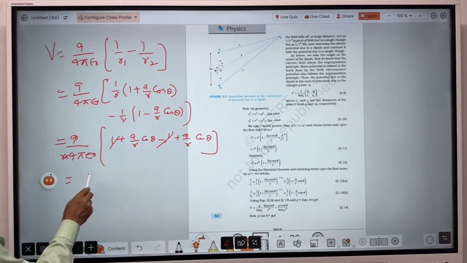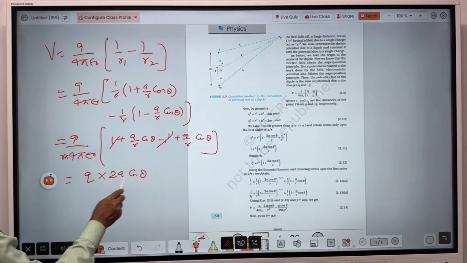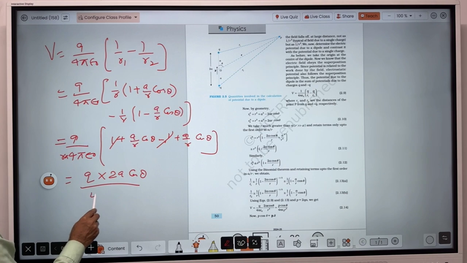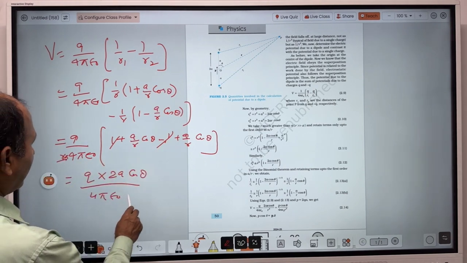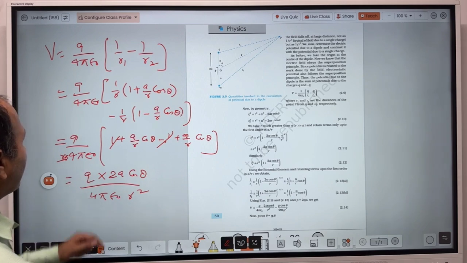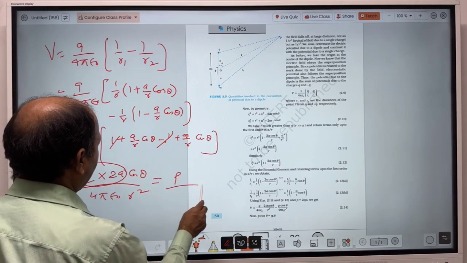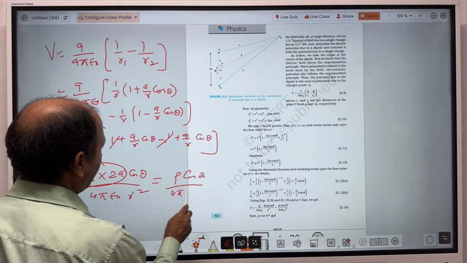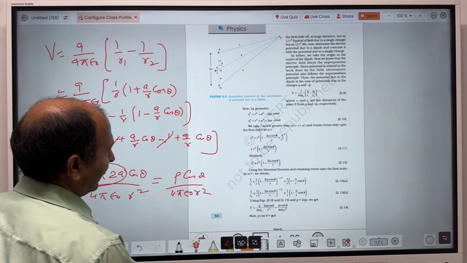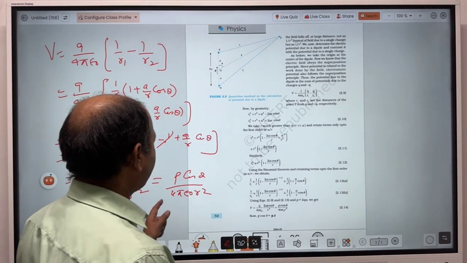So what we get is q times 2a cos theta divided by 4 pi epsilon naught, and the r that was already there becomes r square. If you remember, q times 2a is p. So this becomes p cos theta divided by 4 pi epsilon naught r square. This is the relation.